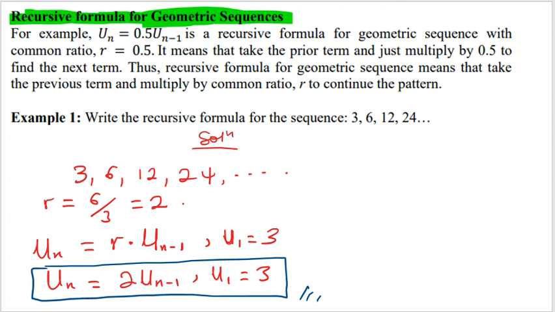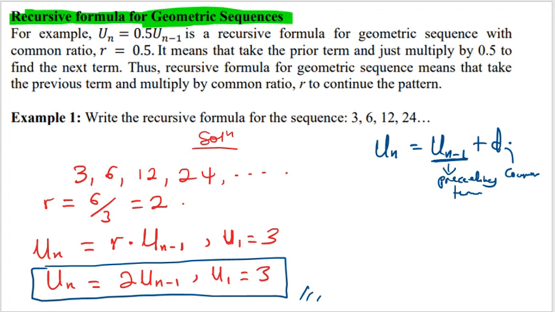Recall that under the recursive formula for arithmetic progression, we said that UN is given as UN minus 1, then plus D, where the UN minus 1 is the preceding term and D is the common difference. Now we are going to do the same thing for a geometric progression.